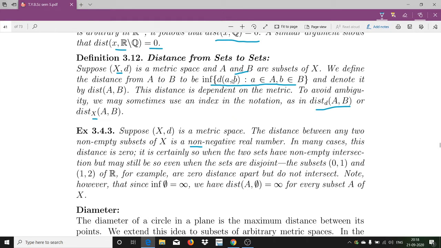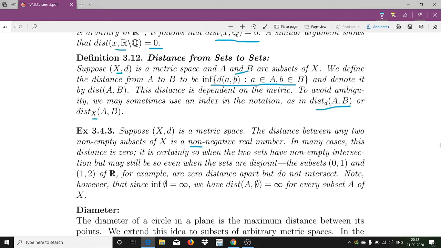Say you have a point x in your set A as well as set B, and you are taking the infimum of distances between the points of A and B. So x belongs to A as well as x belongs to B. Therefore you will have the distance d(x, x) equal to 0, and since d of any elements is greater than or equal to 0, it cannot come below 0. So you can say that the infimum of distances between the points of A and B is 0. Hence the distance between A and B is 0 if the intersection is not empty.